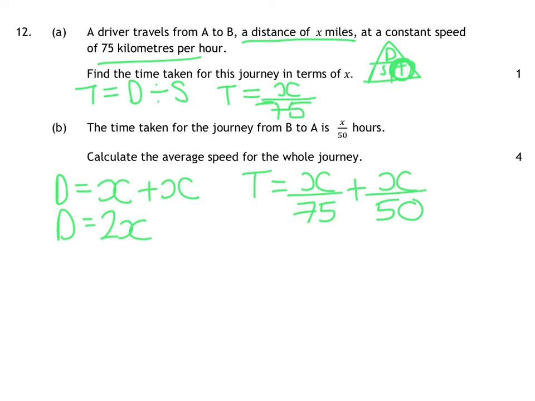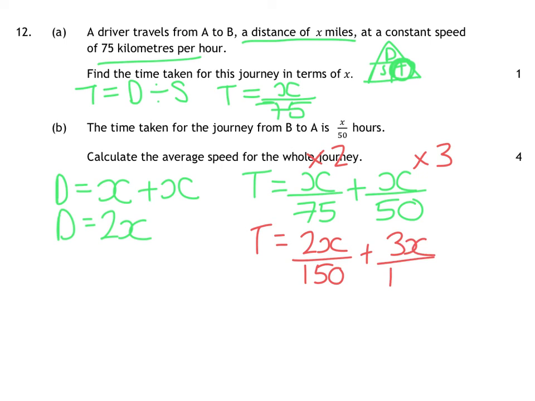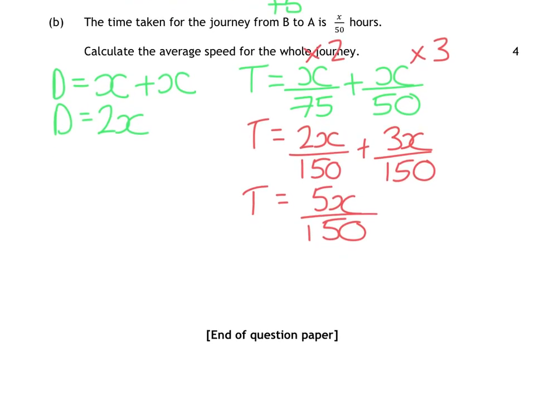So I'm going to times this first fraction all by 2 and the second fraction all by 3. So that gives me 2x over 150 plus 3x over 150. So a total time of 5x over 150. That can simplify down. If I take out a common factor of 5 there, divide them both by 5, that gives me x over 30.